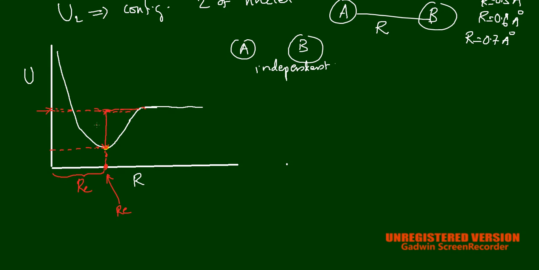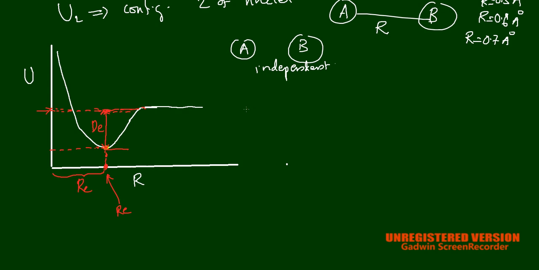So this energy is called equilibrium dissociation energy, D_E. Means we are giving an energy from here to here, and that energy is called equilibrium dissociation energy, D_E. Okay. So it means that if you are supplying an energy D_E to the system, the bond will break. That is our assumption from this curve.